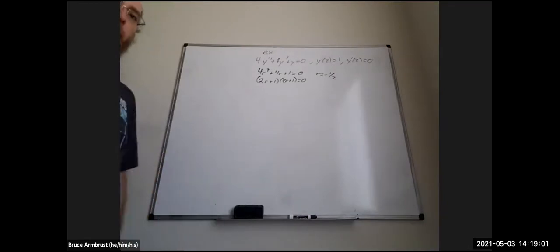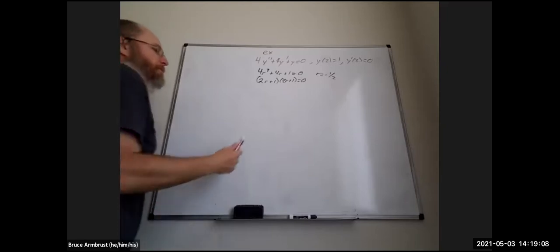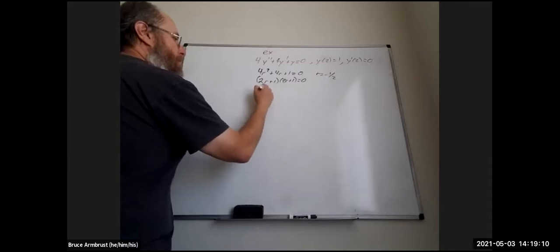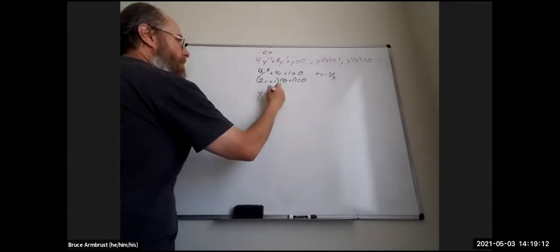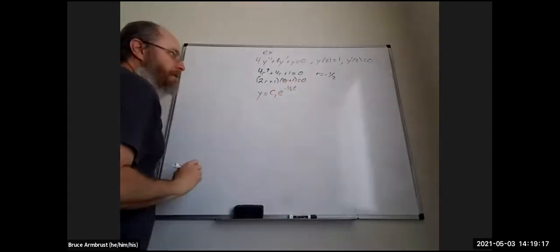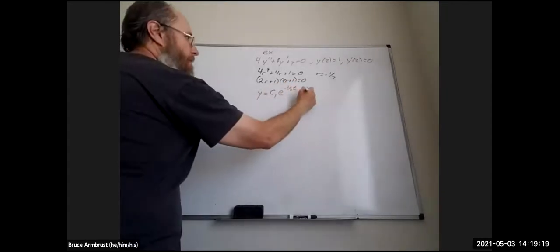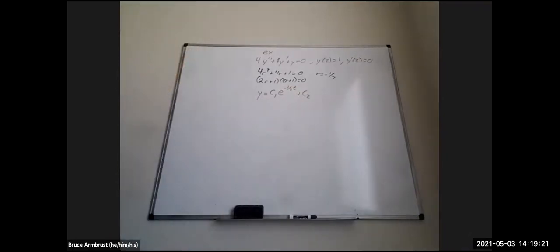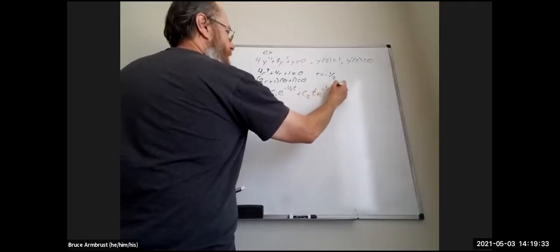But it only shows up that one time. So this is the case where we've got repeated roots. So our y is going to equal c1 times e to the minus 1/2 t plus c2. And what's the other function? Same, but with a t in front. Good. So it'll be t e to the minus 1/2 t.